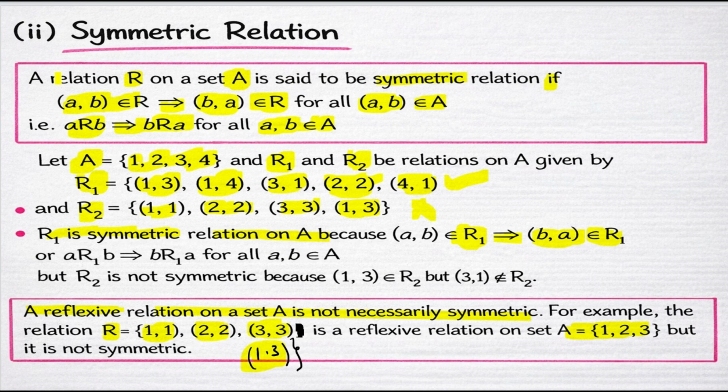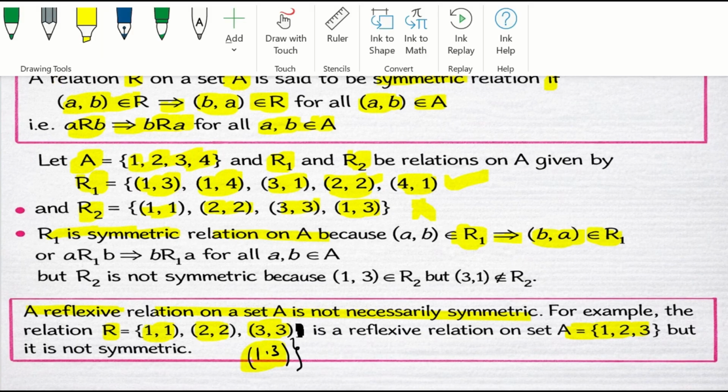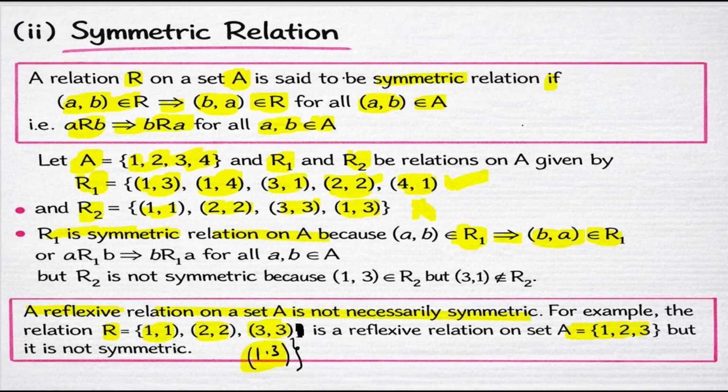Okay, now one more important thing here: how many symmetric relations can we make on the set A which contains n number of elements? This is very important. If A contains n number of elements, then the number of symmetric relations is equal to 2 power n(n+1)/2.